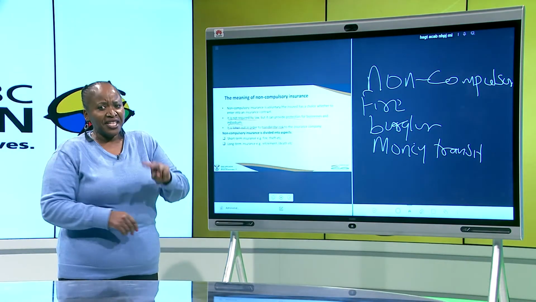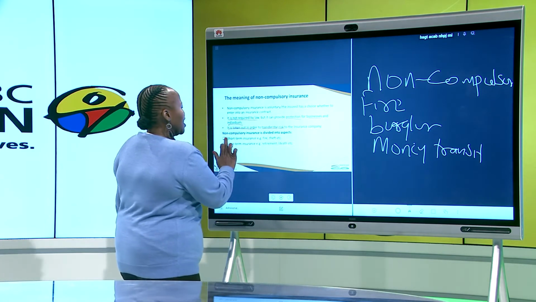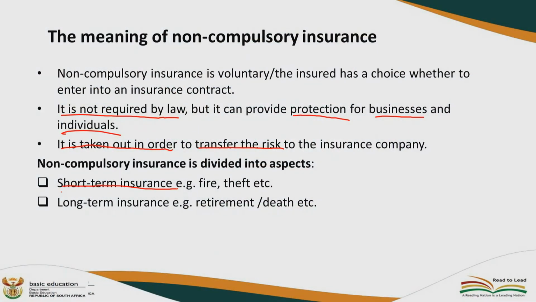Non-compulsory insurance, Lena, is divided into 2 aspects: short-term and long-term insurance. It is important that you remember that long-term insurance, such as retirement annuities, life cover, life assurance, and disability policies, falls under non-compulsory insurance.